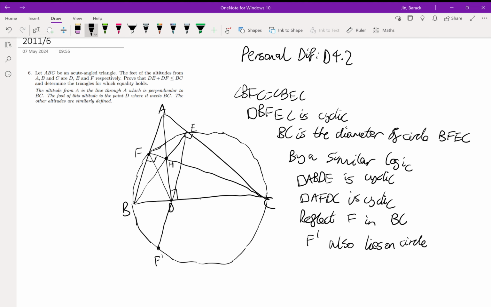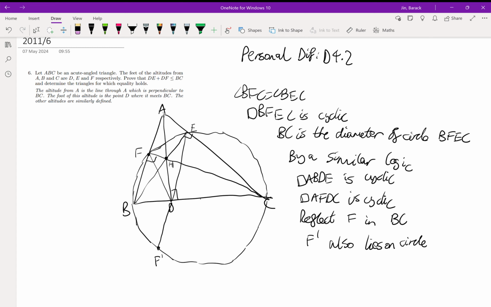We can join F dash to D. Now, what we want to prove is that F'DE is a chord. Because if we can do that, then we can prove that a chord is at most the length of the diameter, so this is true.